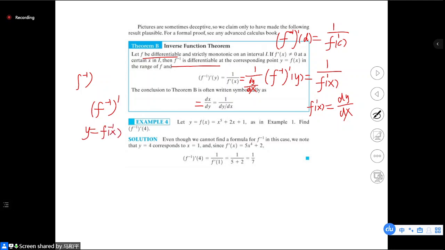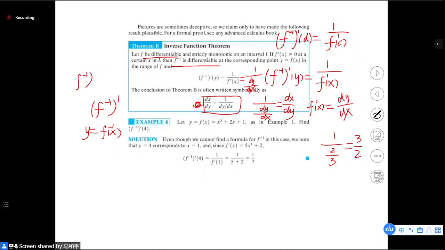So we write this as 1 over dy over dx, and we calculate it. We find it's equal to dx over dy. It's just like 1 over 2 over 3 is equal to 3 over 2. So it's dx and dy. This means we can write dx over dy is equal to 1 over dy over dx. You should know this.